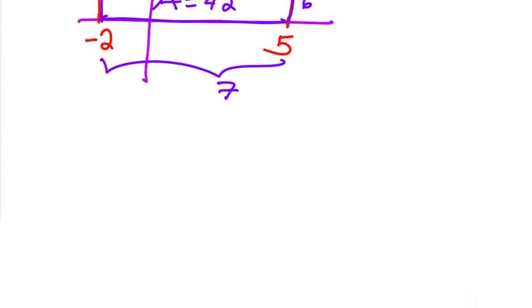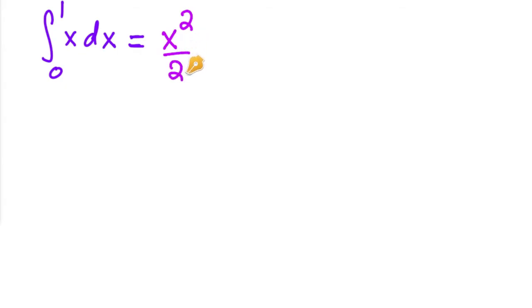Okay, now let's do another one. Let's say we have the integral from 0 to 1. Now we're just moving along here from easy to more difficult. So let's say we have the integral from 0 to 1 of x. There's also another one we can do graphically, but let's do it using the fundamental theorem of calculus. Okay, so again, step 1, find the antiderivative, which is, using the backwards power rule, x squared over 2.